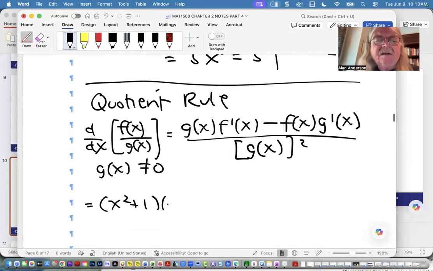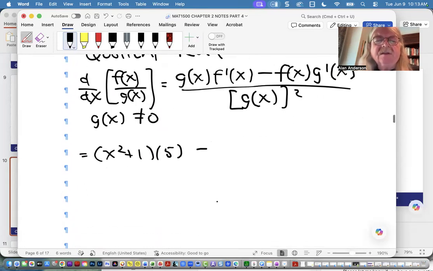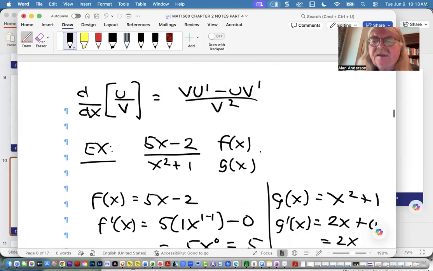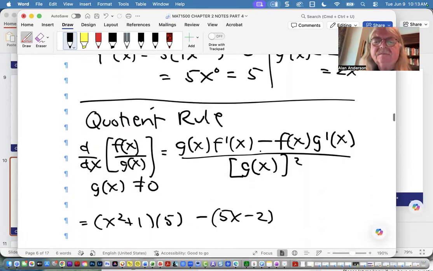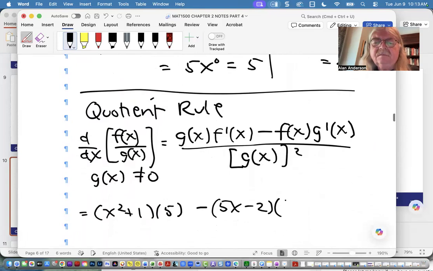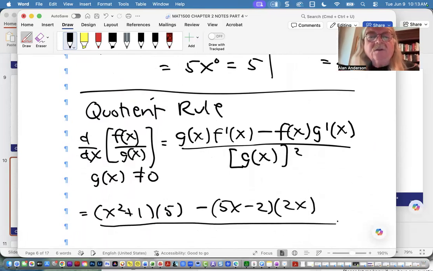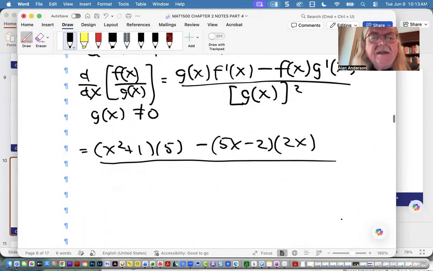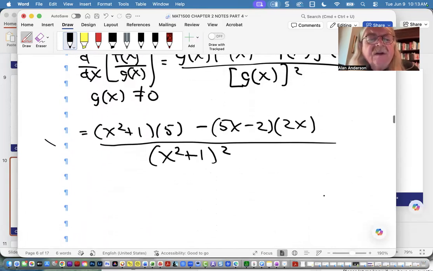F prime of x is 5. F of x was 5x minus 2. And g prime of x is 2x. And of course, g of x is, again, x squared plus 1, so that will get squared. So now we can simplify the numerator.